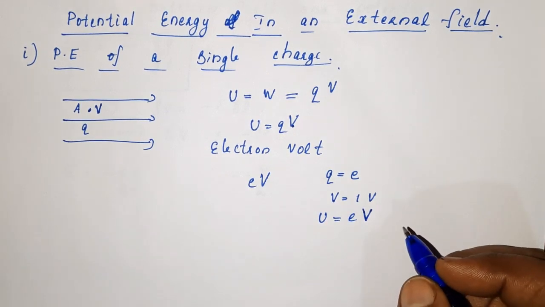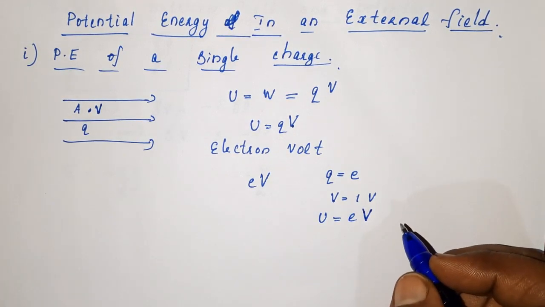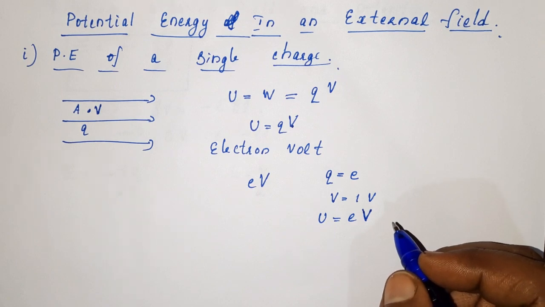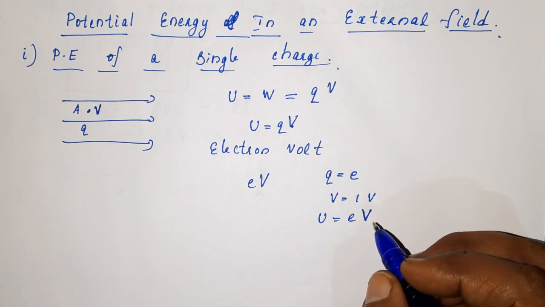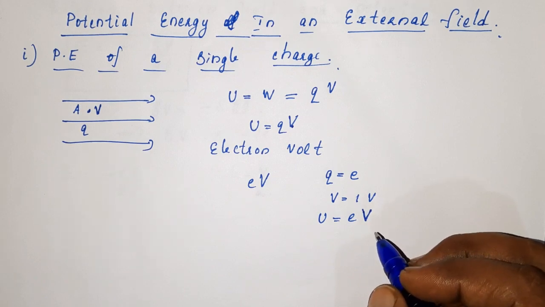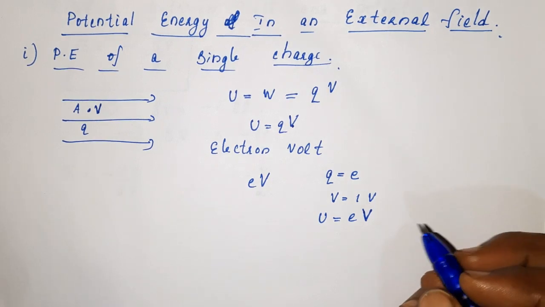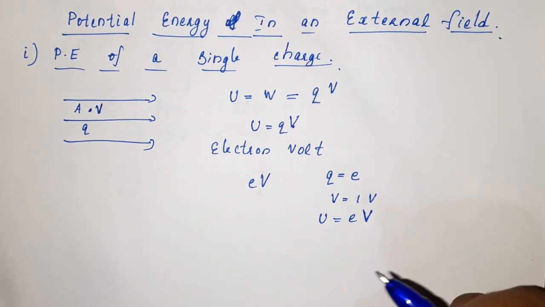So how will we define electron volt? Electron volt is the potential energy of an electron when it is placed at a potential of 1 volt. Or in other words, we can define it in terms of kinetic energy.